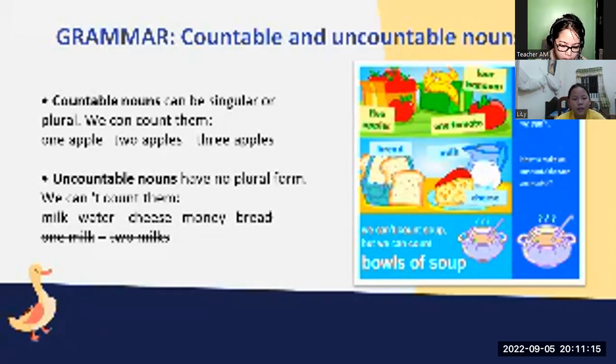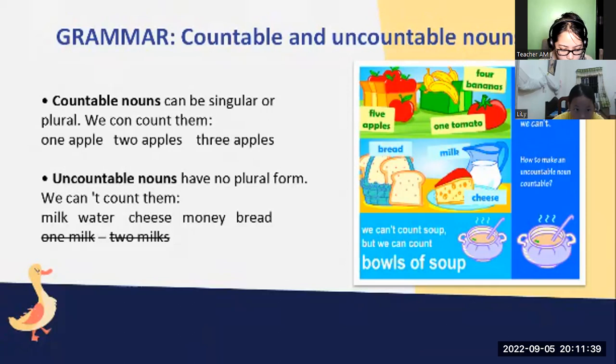Yes. Okay, so now I want you to read countable and uncountable nouns. Can you please read that one?